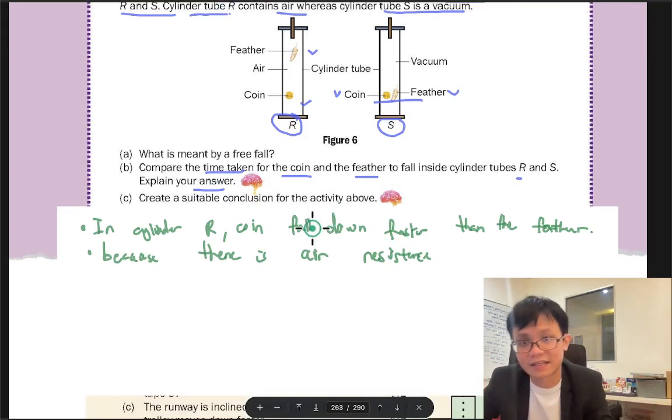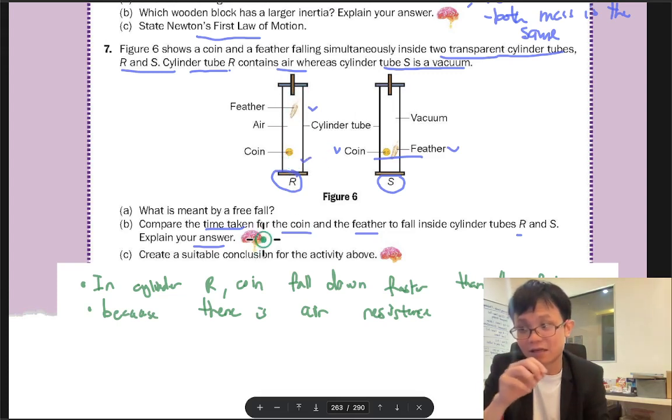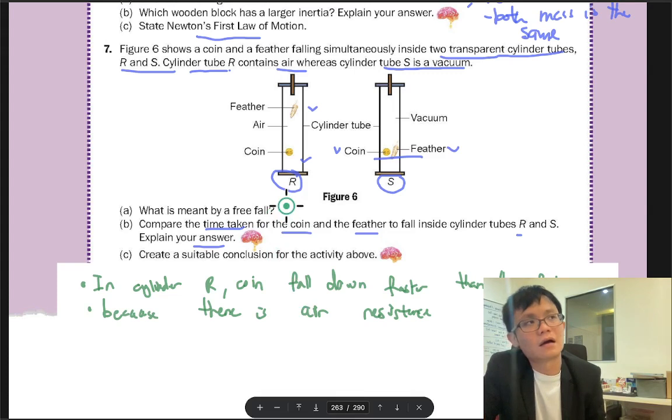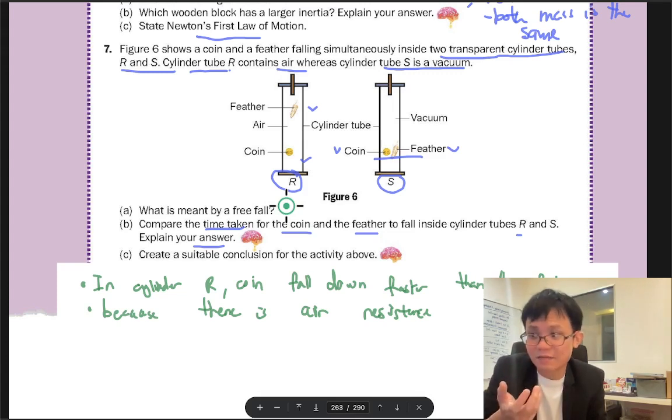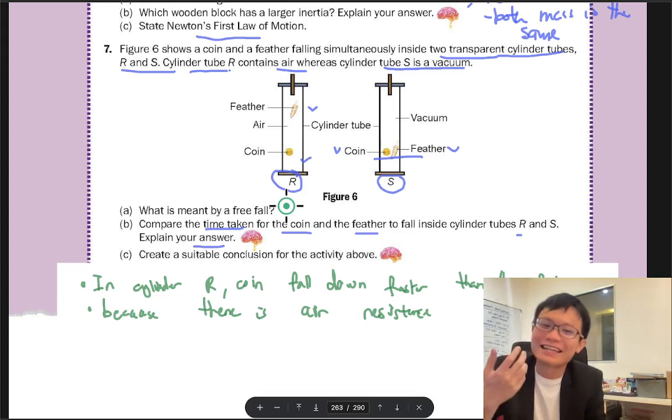So eventually we say that the coin falls down faster than the feather, not because it is heavy, but because there is air resistance. The air is blocking the feather. You cannot say it's heavy. In physics, we really cannot say the thing is heavy, okay? Because it does not really matter. The speed is still the same.